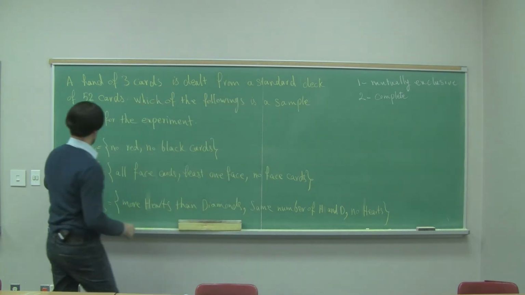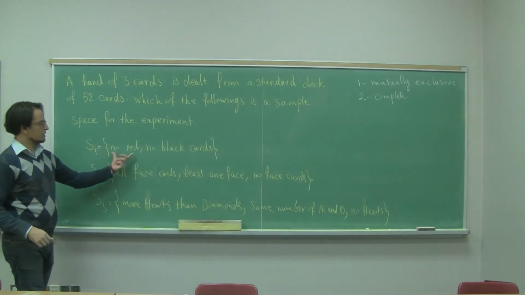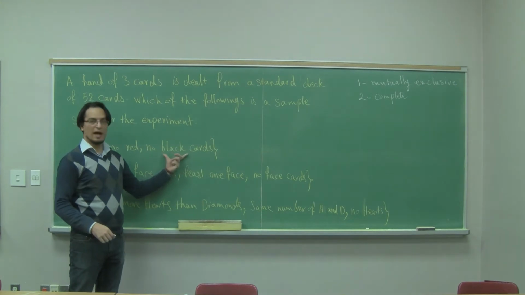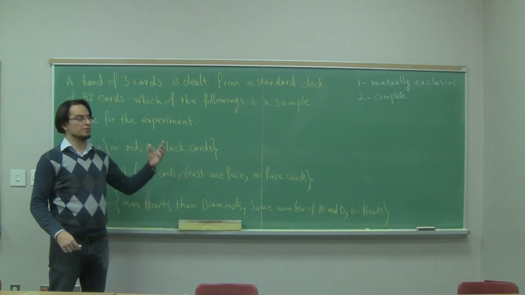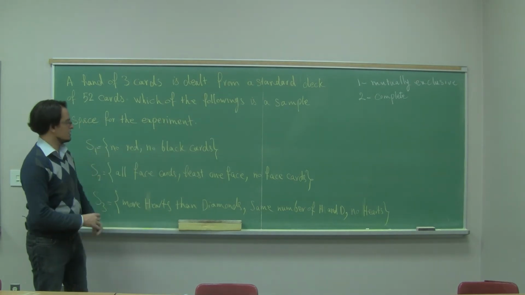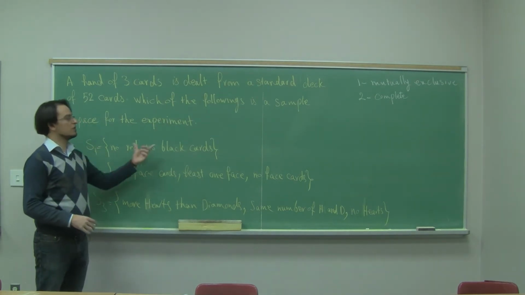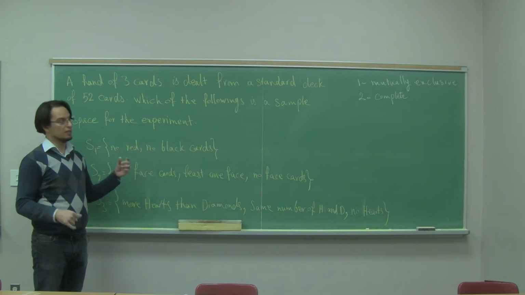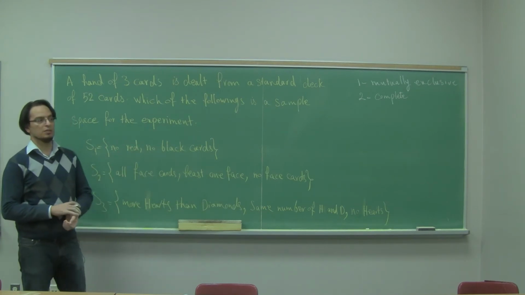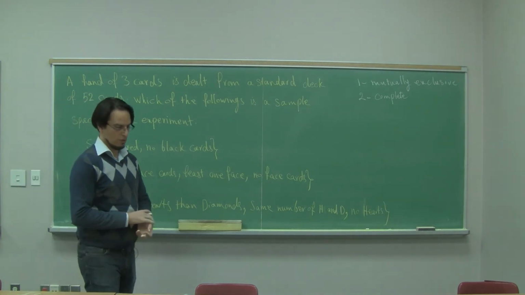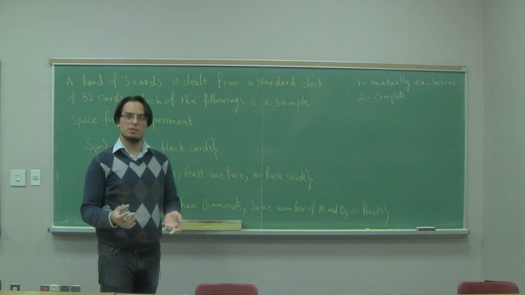Let's start with S1. So there are 2 things, no reds and no black cards. So here I have 2 outcomes and I have to check both of those properties. First of all, there is no intersection between these 2. We have to check that. And then whether this is complete or not, meaning that it includes all the possible results.